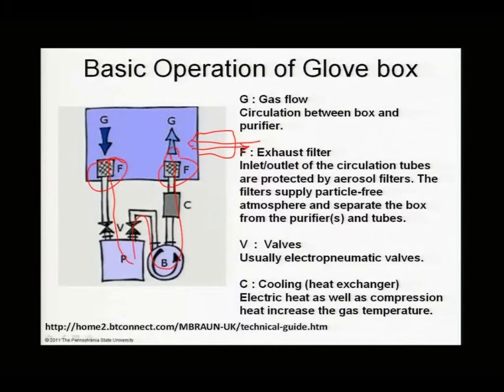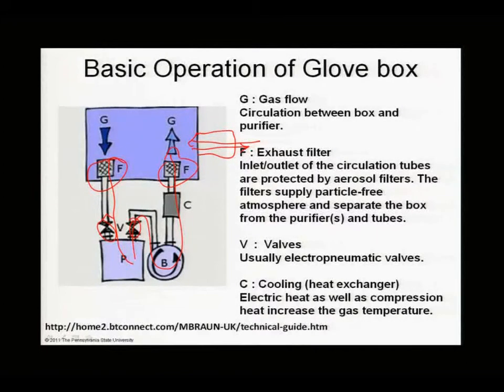Make sure there's no aerosols, no unwanted gases, so there's no nanoparticles flying around in here of any sort. And then you have valves, which are usually electro-pneumatic type valves, that is, electrically activated pneumatic valves are commonly used. And the valves are here to open and close different systems as you're operating.